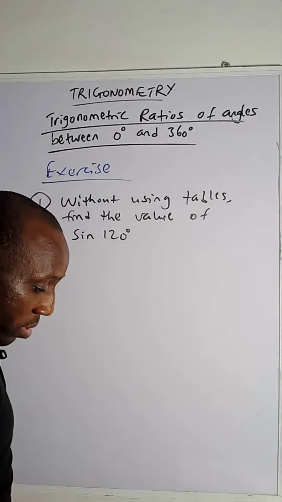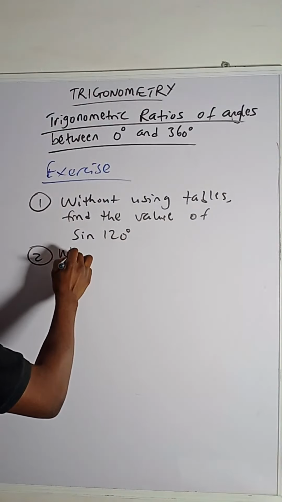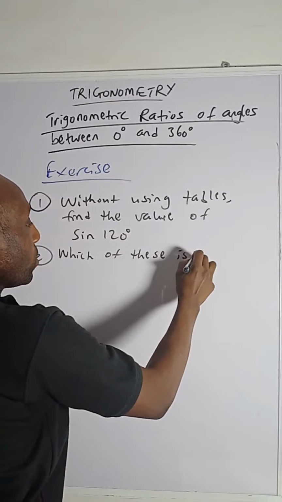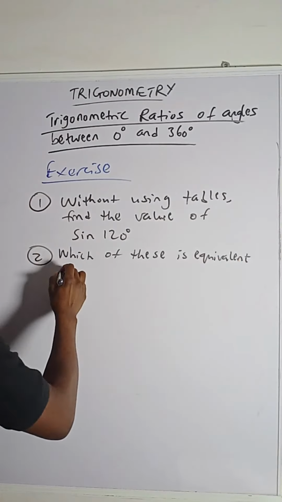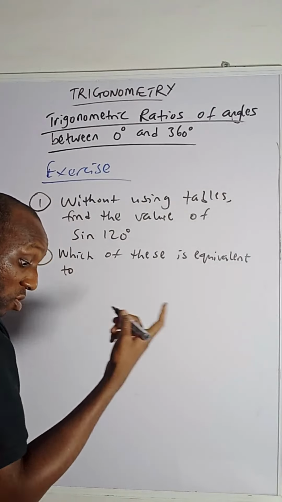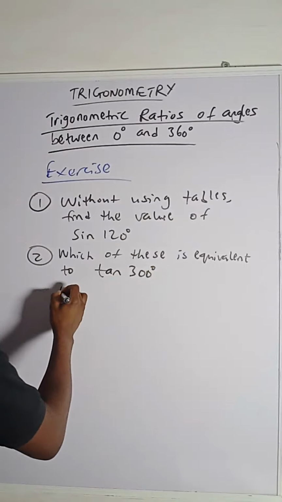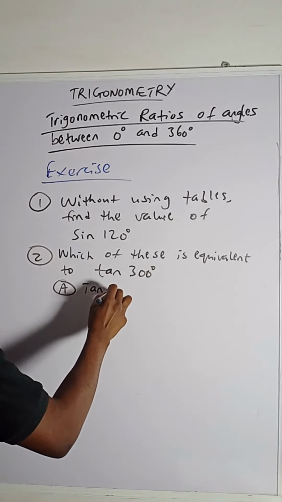And the second one: which of these is equivalent to tan 300 degrees? We have options here. For option A, we have tan 60 degrees.